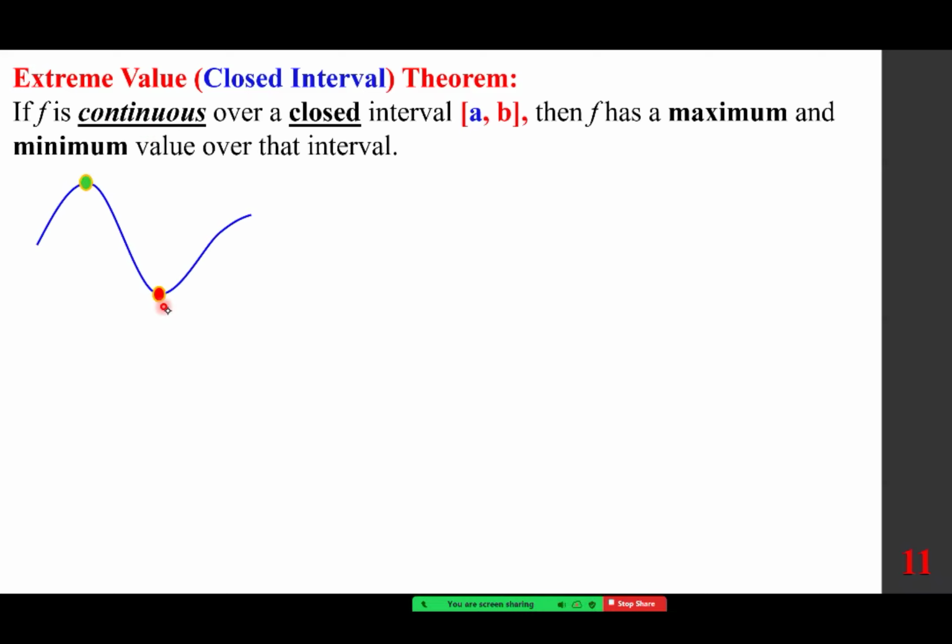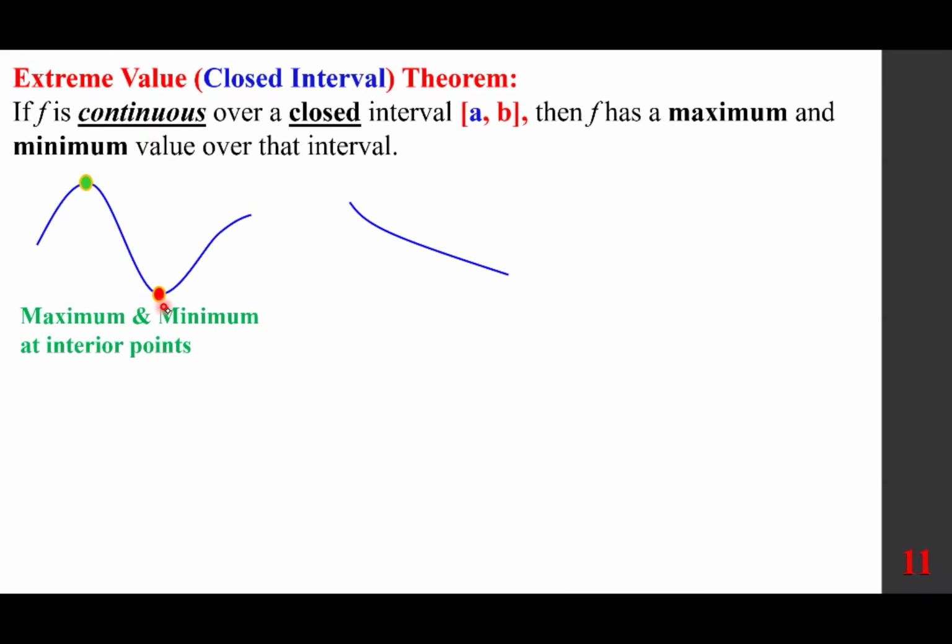max, min, absolute max, absolute min. So max and minimum at interior points. In this case, max, min, max and min at the endpoints. They happen, each one at an endpoint.